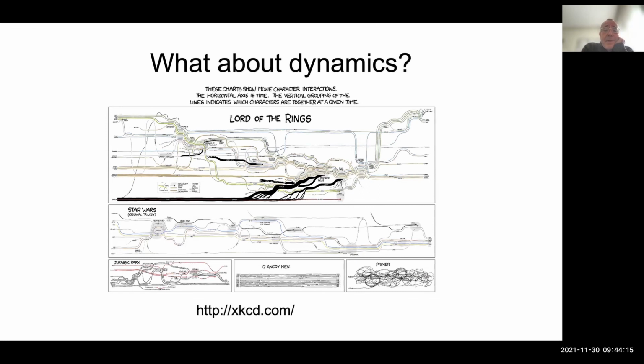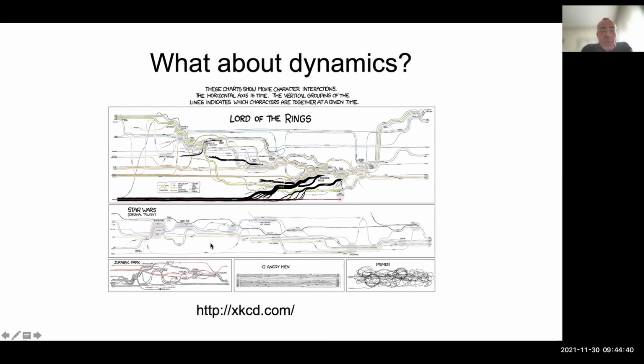It is about Il Signore degli Anelli, Lord of the Rings. And here we have all the characters in the story. You can see how they interact along the timeline of the book. People that are initially split stay together and they meet other people. You have different stories.